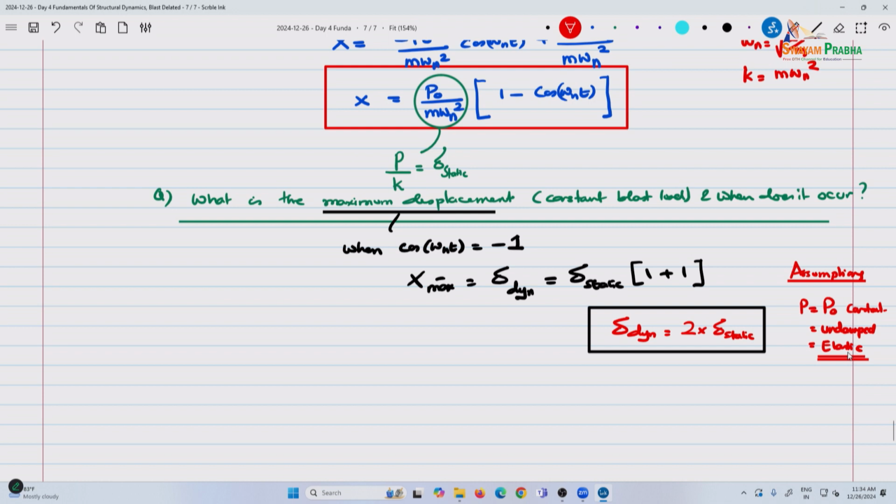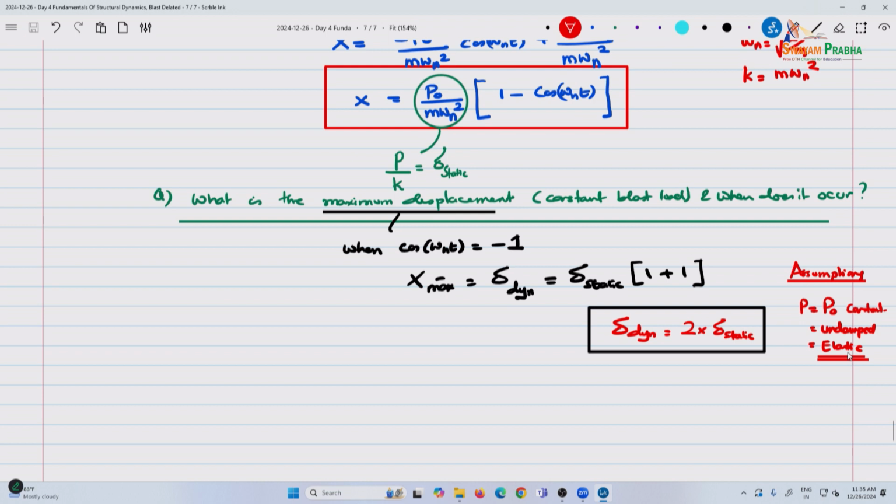What does elastic mean? No damage at all, right? Elastic, rebound. Structures, do they behave that way? So, you might say why is it always maximum of 2, but what it does is it gives us an idea where you should be. If you are getting 20 times delta static for something, you know your answers are not quite right.